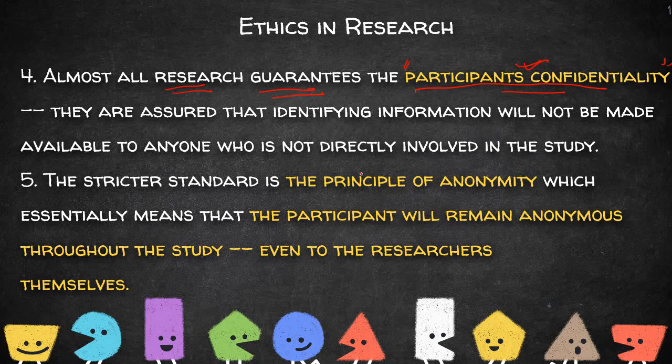The next one is the principle of anonymity, which is even one step ahead of participants' confidentiality, where the participants will remain anonymous, meaning not known, even to the researchers themselves. Anonymous means their identity is simply blinded from the researcher. Even the researcher would not be able to identify who is participating, who is not, right?